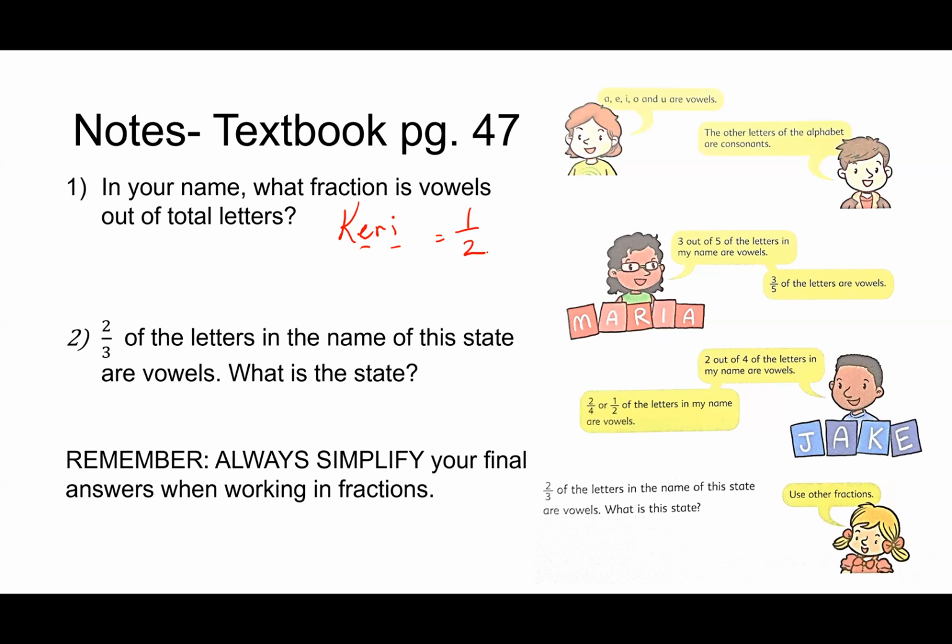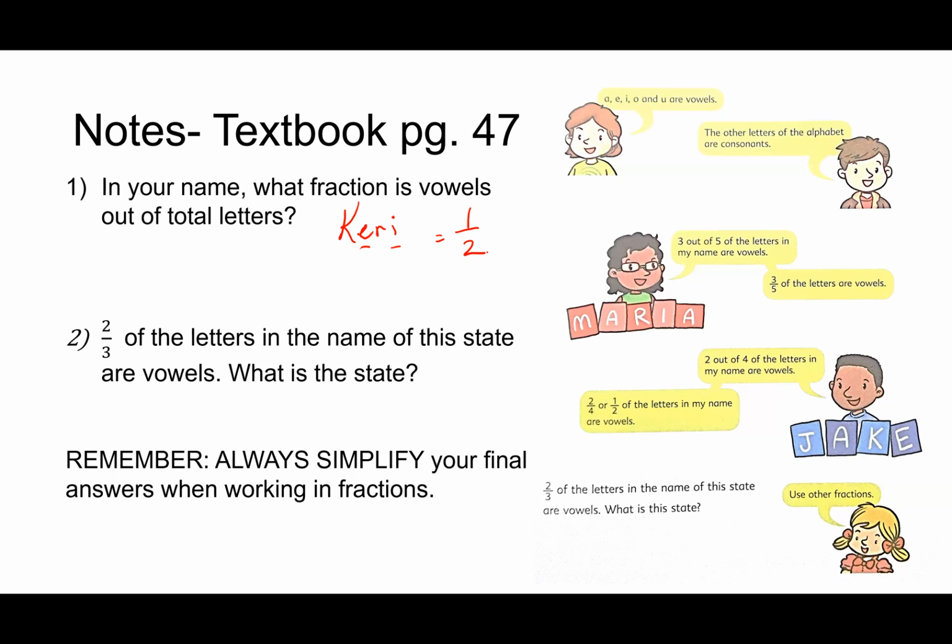All right, Ashlyn. Why is Y not a vowel, even though it sounds like a vowel sometimes? Okay, let's see if we can solve this puzzle. 2/3 of the letters in the name of this state are vowels. What is the state? So maybe start with 2/3, or start with 4/6, or start with 8/12.